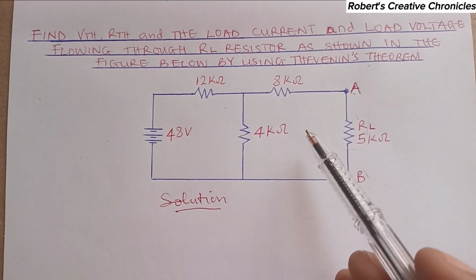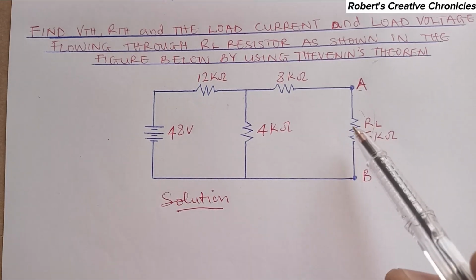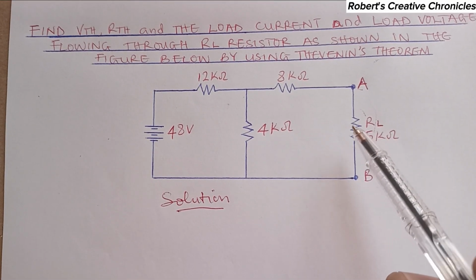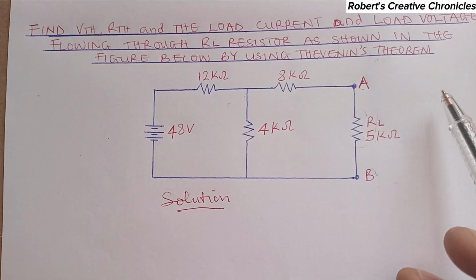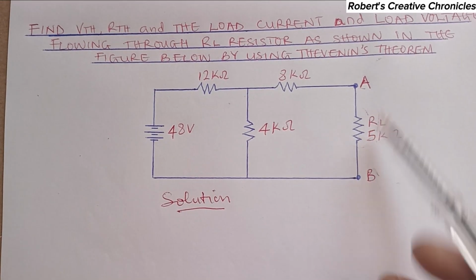So when using Thevenin's theorem, the resistor across which you are to find the current and the voltage is the resistor you remove, and you rename the terminals AB.